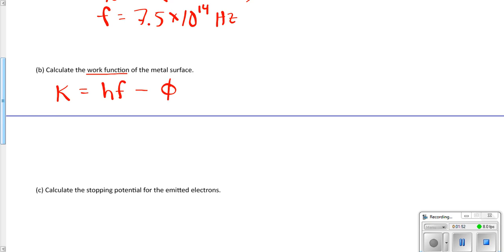So we have the kinetic energy. Do we want to convert that to eV, or can we keep it in joules for now? We can keep it in joules for now. That's okay. Just note that we're going to get our work function in joules when we come out of it.